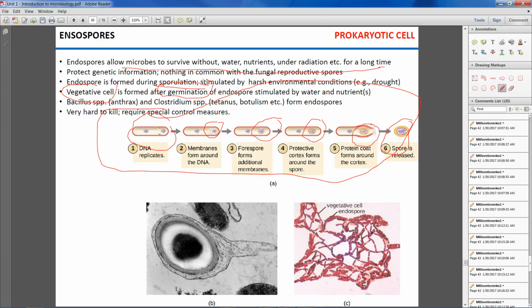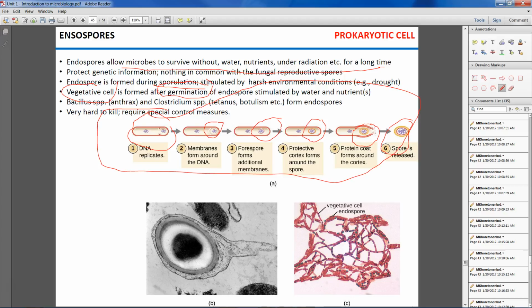In the process of germination, the endospore becomes a vegetative cell. Again, think about plants. You have a plant seed. You put it on a dry surface. Nothing happens to it. You put it in the soil, which is moist and has a lot of nutrients, and the plant seed starts to grow, right? Does that make sense to you?